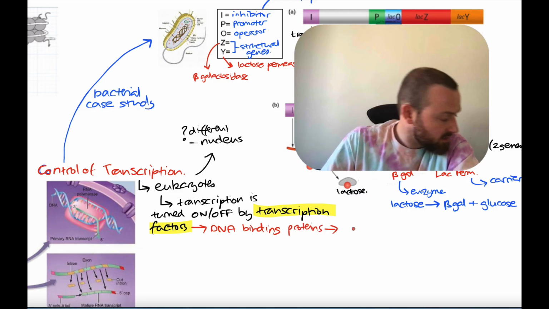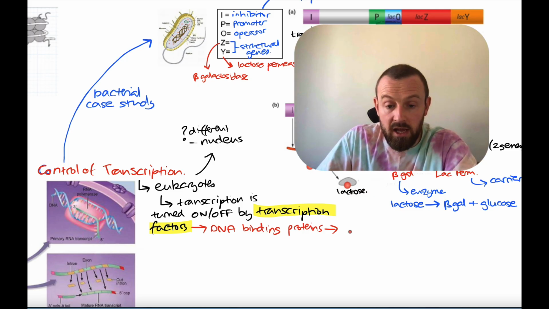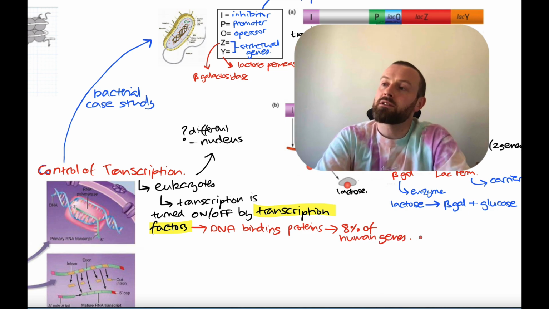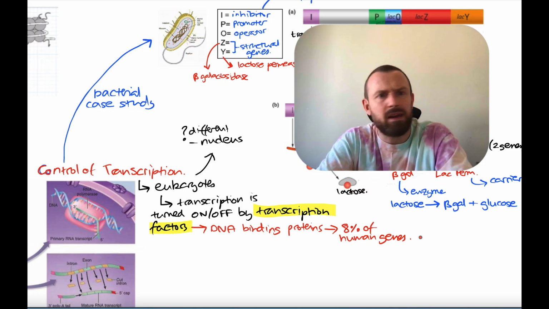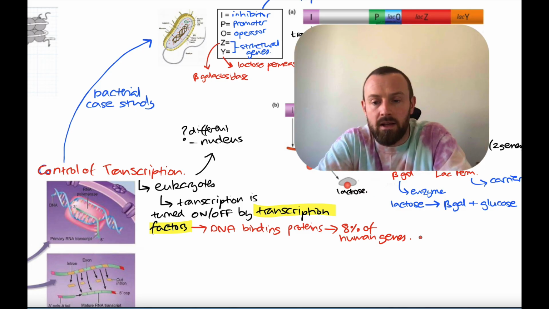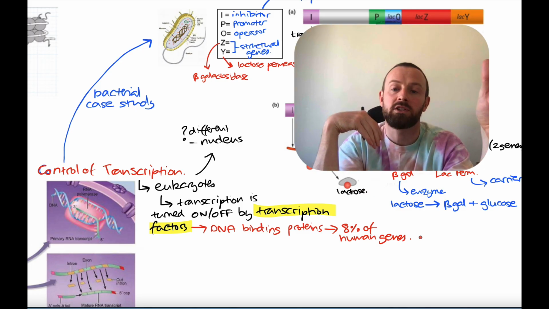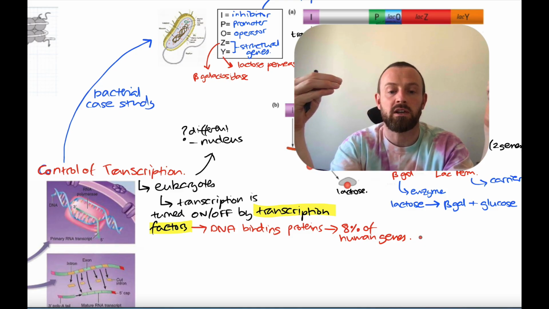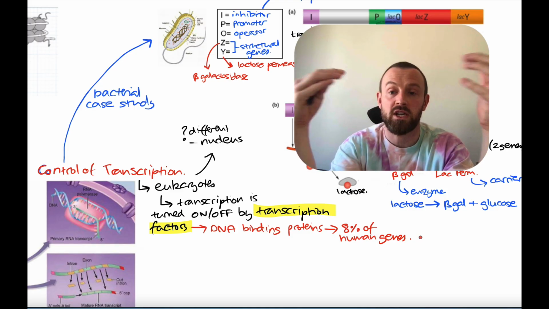and transcription factors, I'm reading here, are around about 8% of human genes, which is loads. So you can get an idea that the reason that we're so complicated and amazing creatures is to do with our ability to regulate genes. When people first sequenced the human genome, they thought there would be loads more genes than there were.